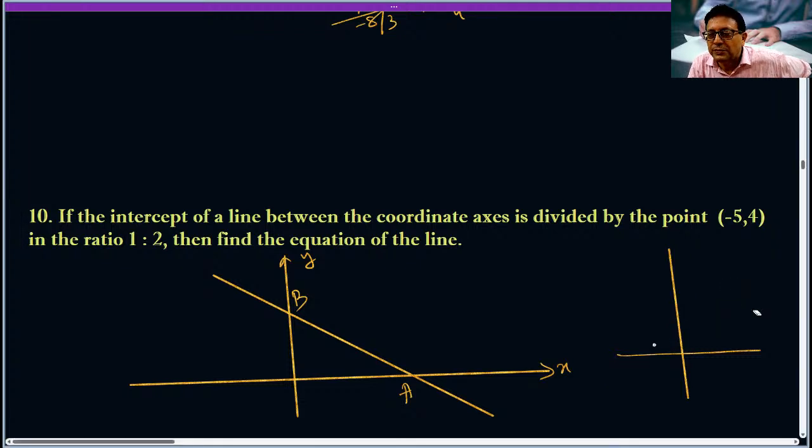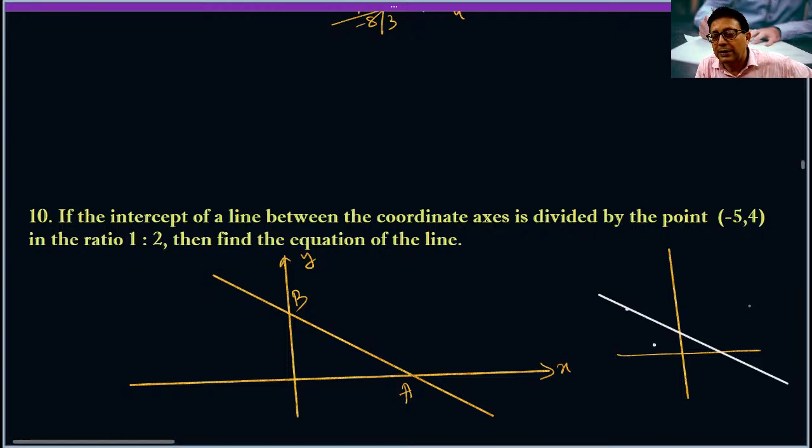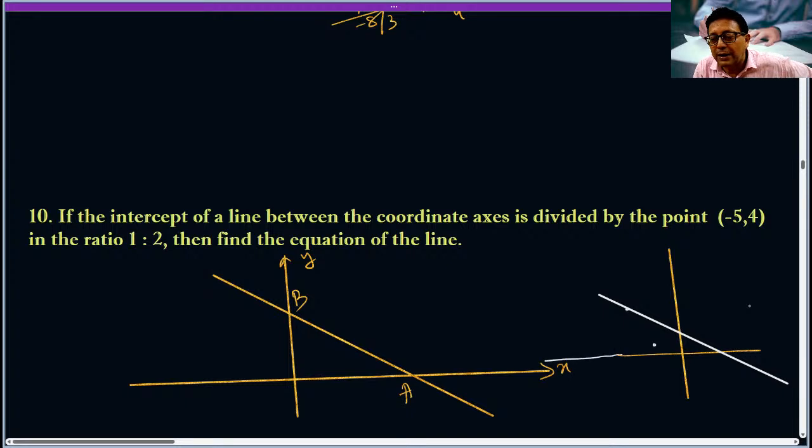You first trace the point minus 5, 4, then minus 5 units and 4 units here. The point is like this. So the line can definitely go this way, isn't it? The line can definitely go this way.